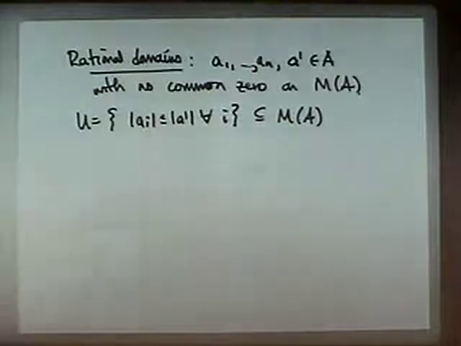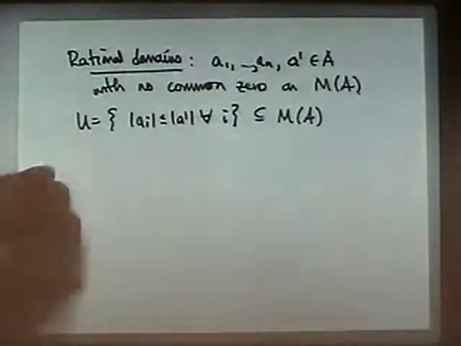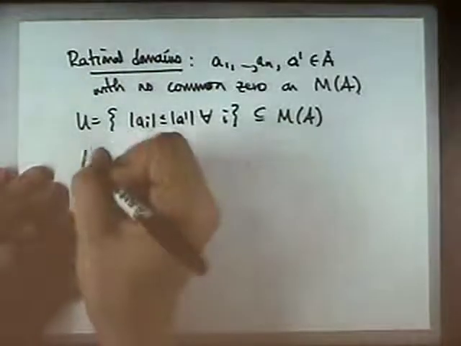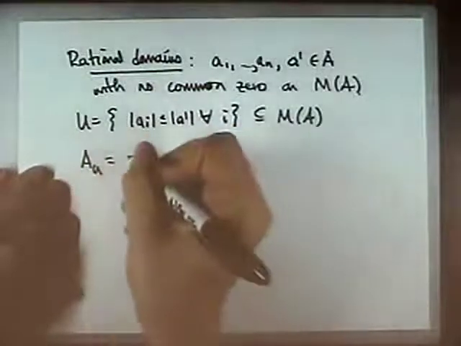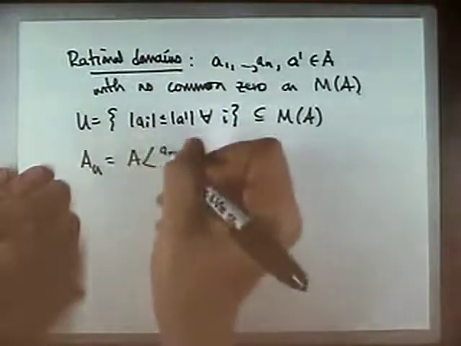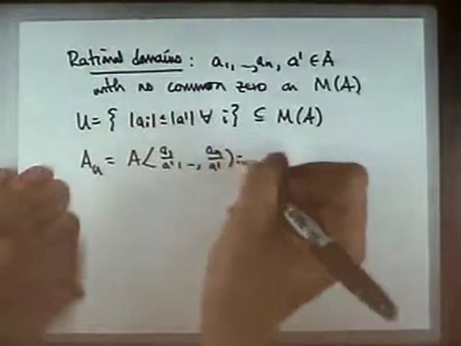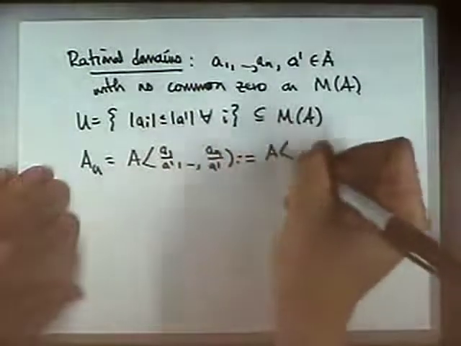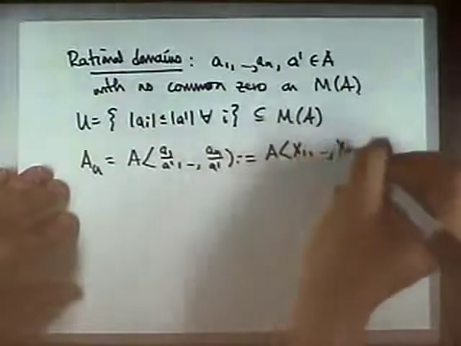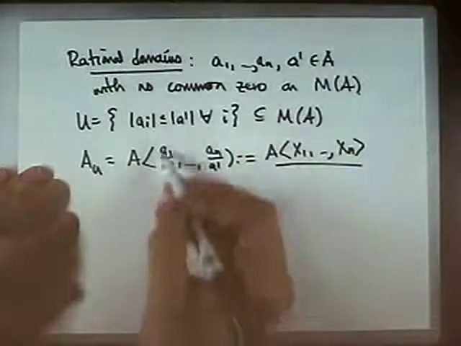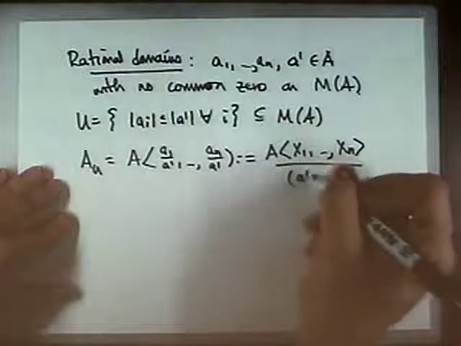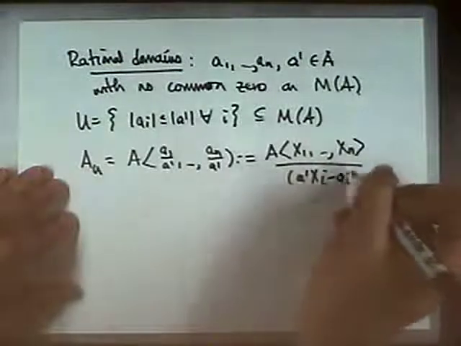And this also has a corresponding coordinate ring. Let me define A_U in this case. It's usually denoted A⟨a_1 over a', ..., a_n over a'⟩. The actual definition is we throw in some variables, and we want the variables to be these fractions. So we mod out by the relations a' x_i minus a_i.